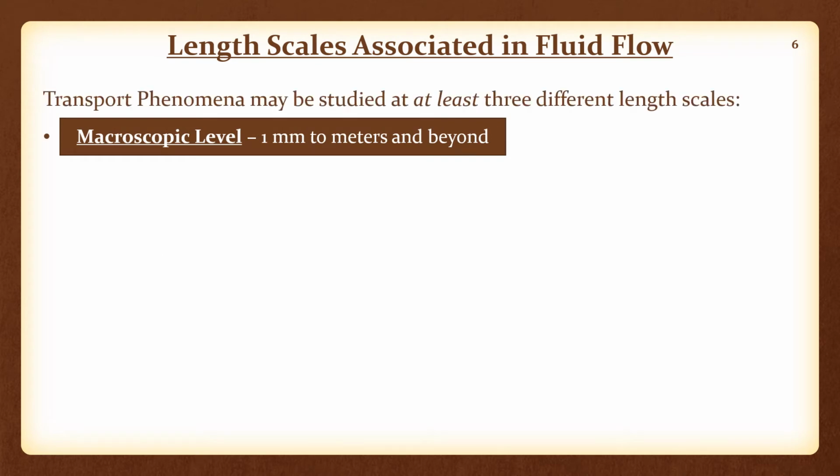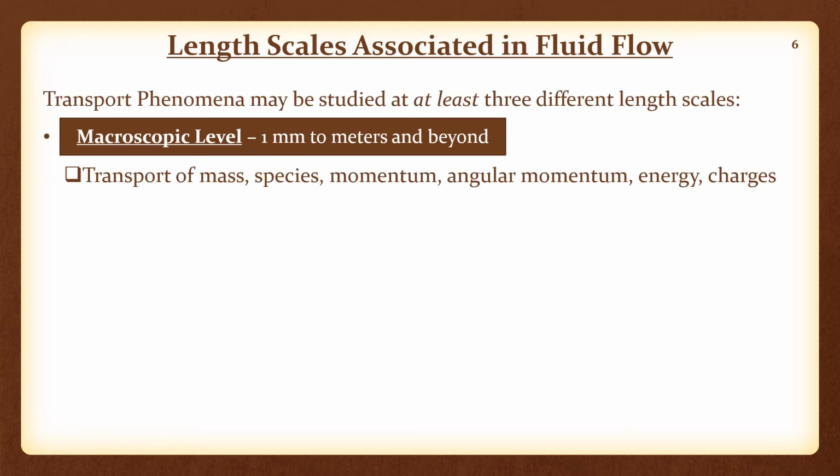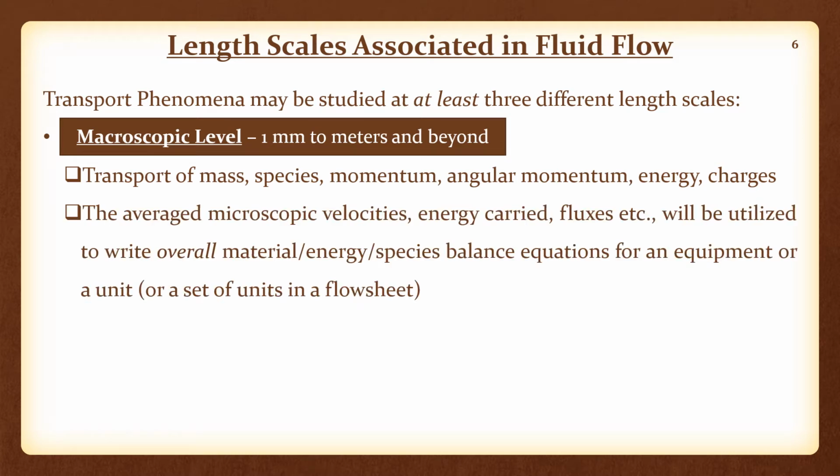The macroscopic level, again we can look at the transport of mass, species, momentum, angular momentum, energy and charges. The averaged microscopic velocities, energy carried or fluxes will be used to write overall material, energy, species balance for an equipment or for a unit or for a set of units in a flow sheet. Now this is the macroscopic picture.